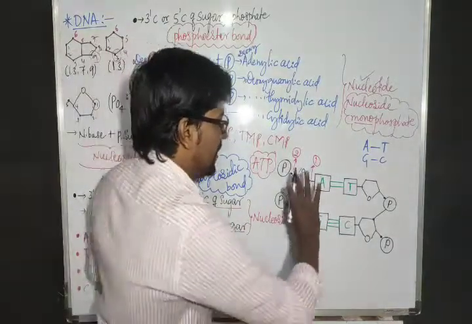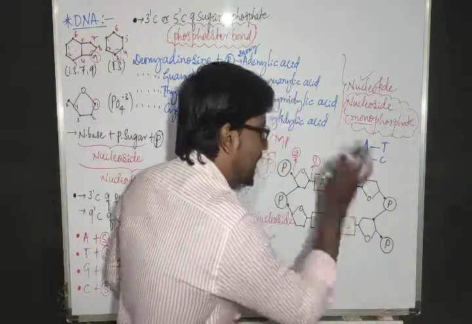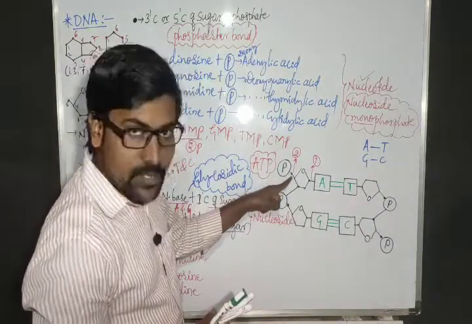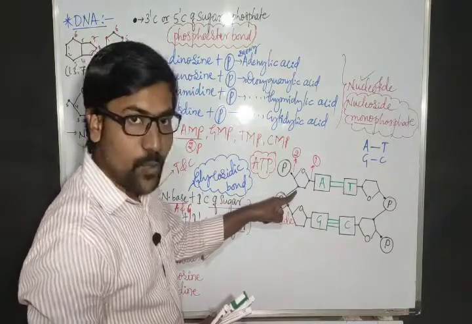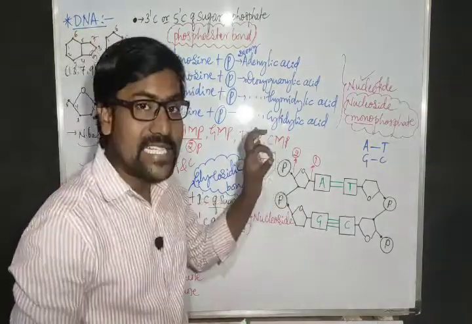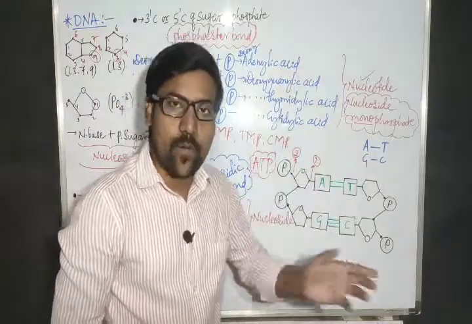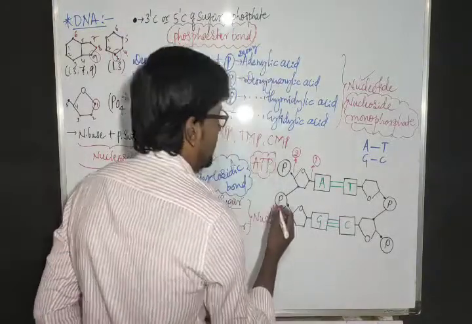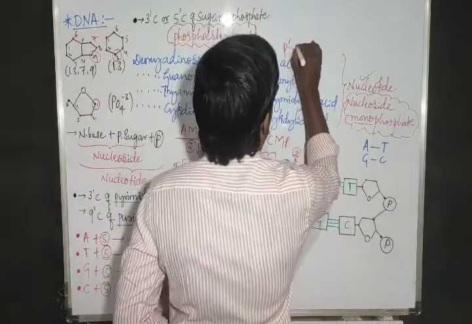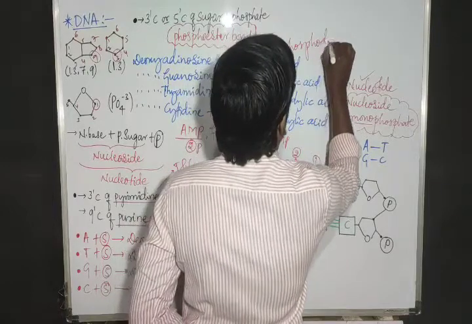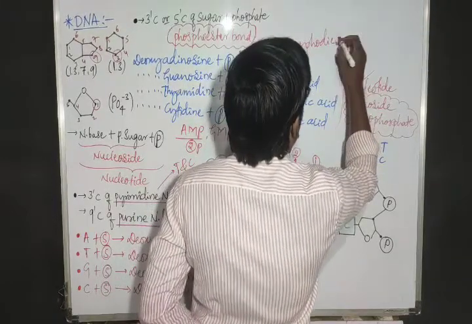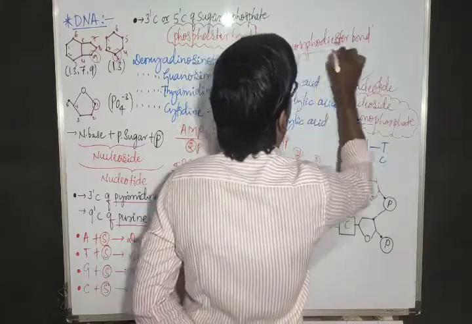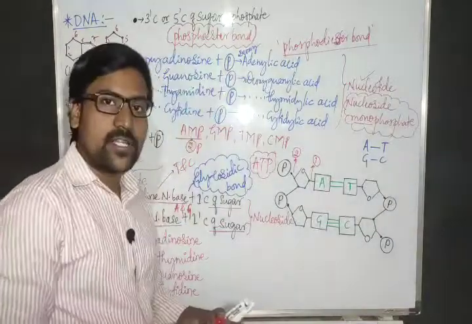Now, think here. This base pair, both are connected. What is the bond name here? Phosphoester bond. What is the bond here? Phosphoester bond. Now, we will call this together a phosphodiester bond. So I'll mention it here.